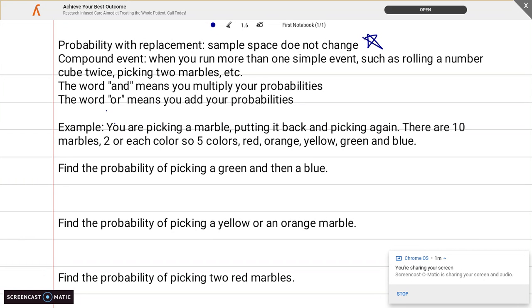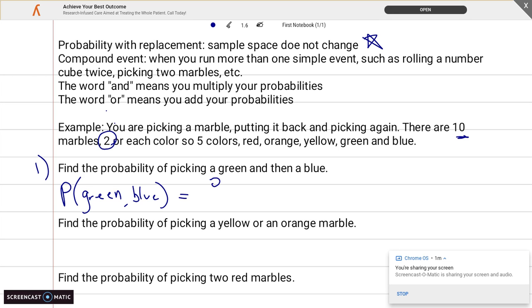So the first question here, I'll label it number 1. You want to find the probability of picking a green and then a blue. That's another way you could write this situation. So your probability of picking a green: there's 2 of each marble and there are 10 in the bag.